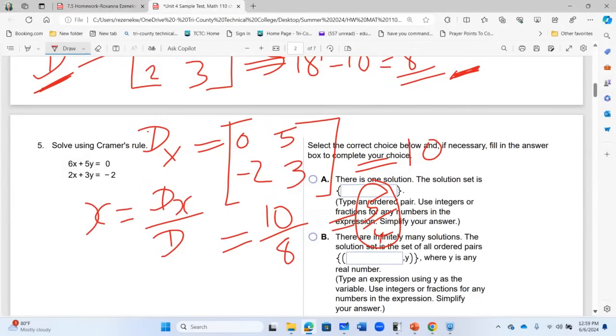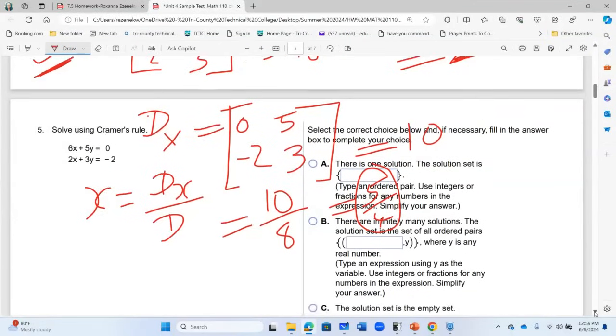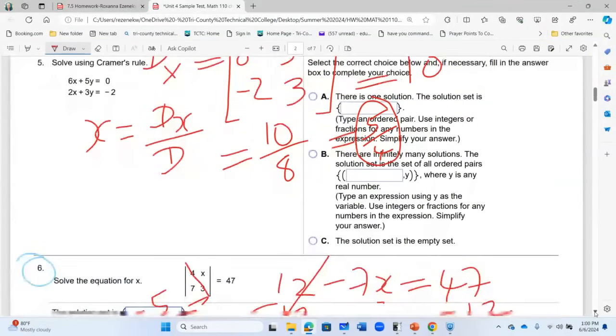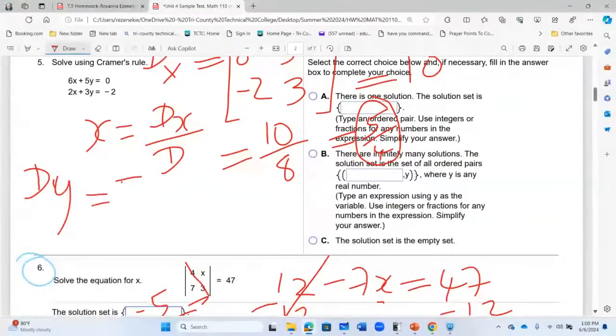But this is x. Then we want to find Dy. As soon as we find Dy, we can immediately find the value of y. All right, let's find Dy. Dy is equal to, I will write the determinant.